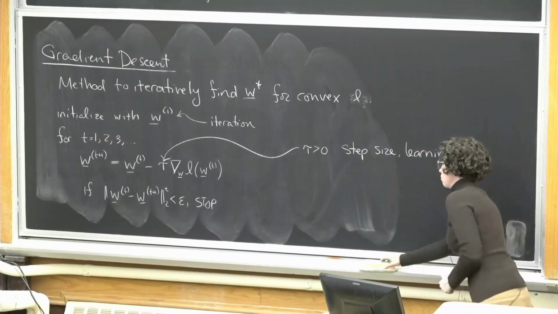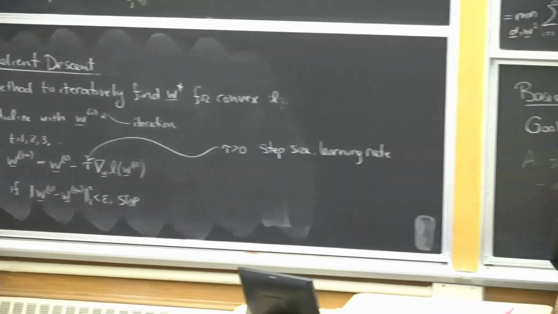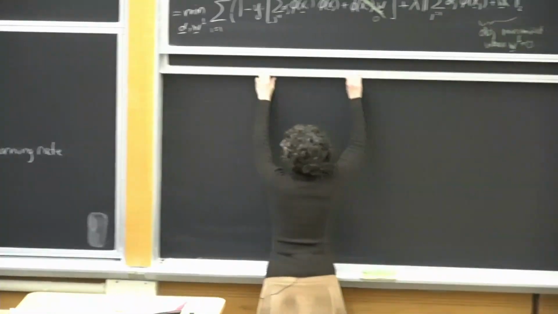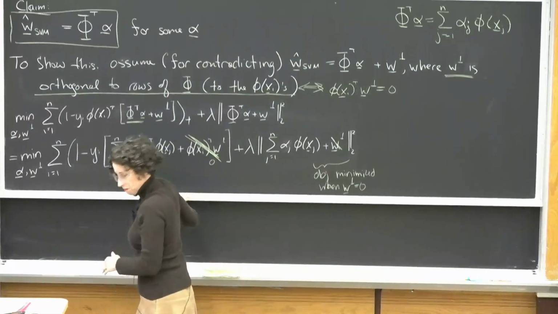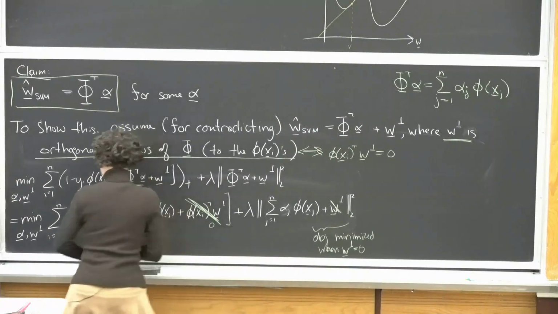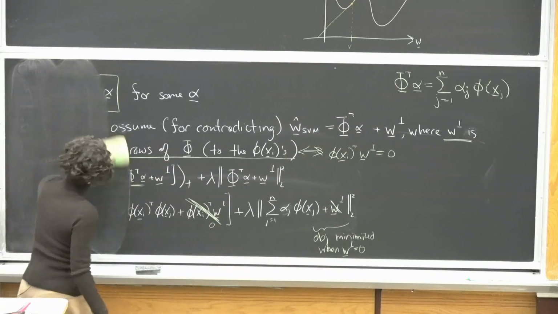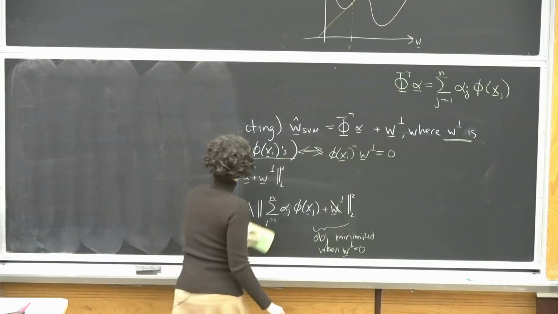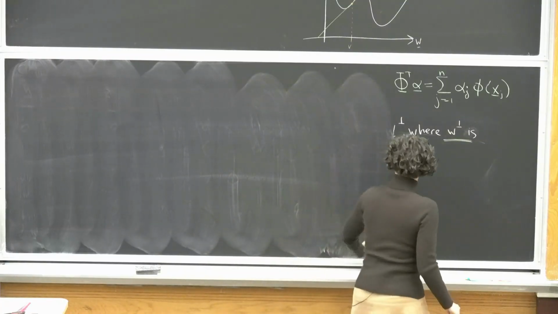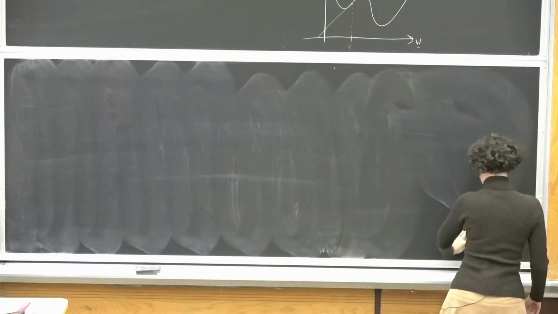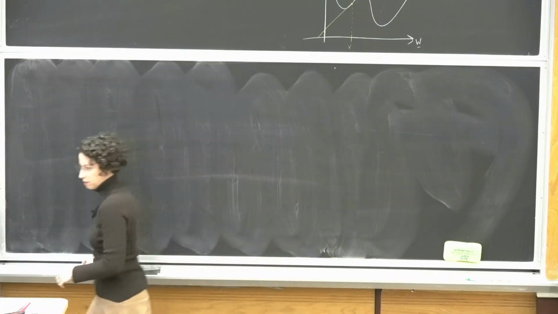So let's first look at a special case of this for our least squares example, just to be very concrete, and then we will draw a picture of the iterates in a toy example.